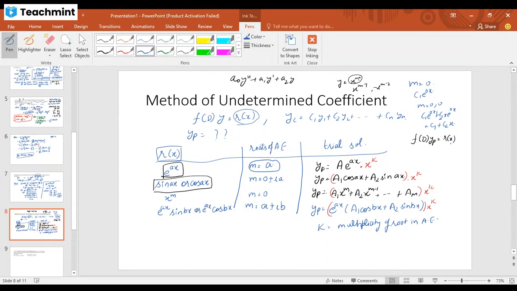And in this case, if your right hand side is exponential with sine or cosine, and the root of the auxiliary equation is already there in complex form with the same a and b, then corresponding to each pair of this complex root, we need to multiply it with a power of x. Okay. Now, to understand how we are going to choose the trial solution, let us consider some problem.